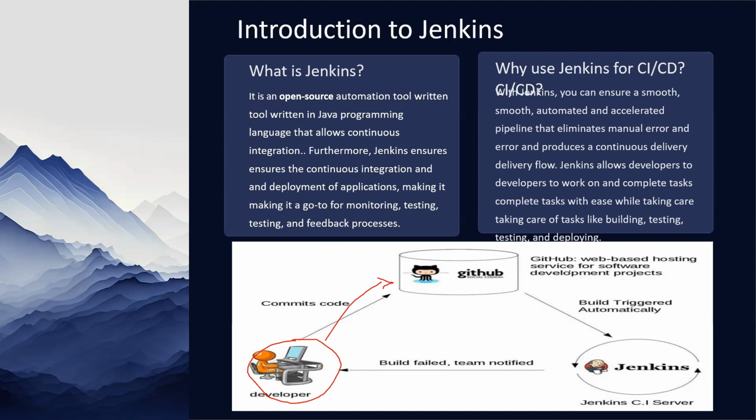After the code is pushed to the GitHub repository, it is automatically triggered to Jenkins. So we have the integration of Jenkins and GitHub. Once the code is pushed to GitHub, it is automatically built by Jenkins and pushed to the server for deployment.